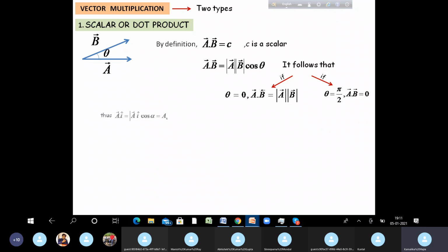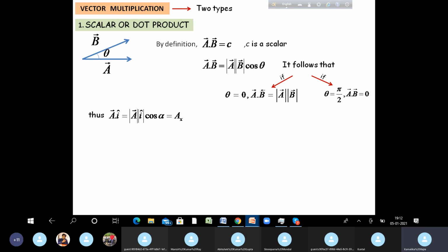Now from this definition, we can write that if one of the vectors is A and the other vector in place of B is I cap, the unit vector along the x direction, then we know from our previous classes that the angles a vector makes with the coordinate axes are defined as alpha, beta and gamma.